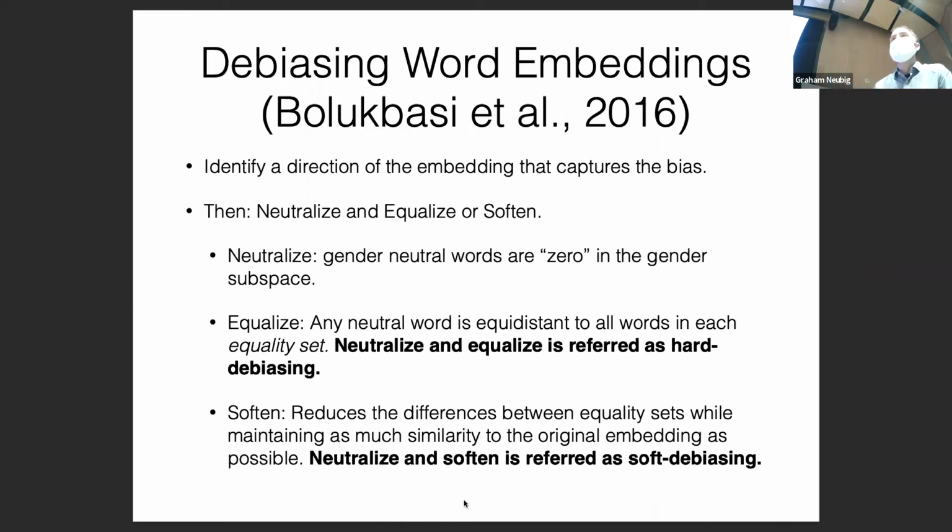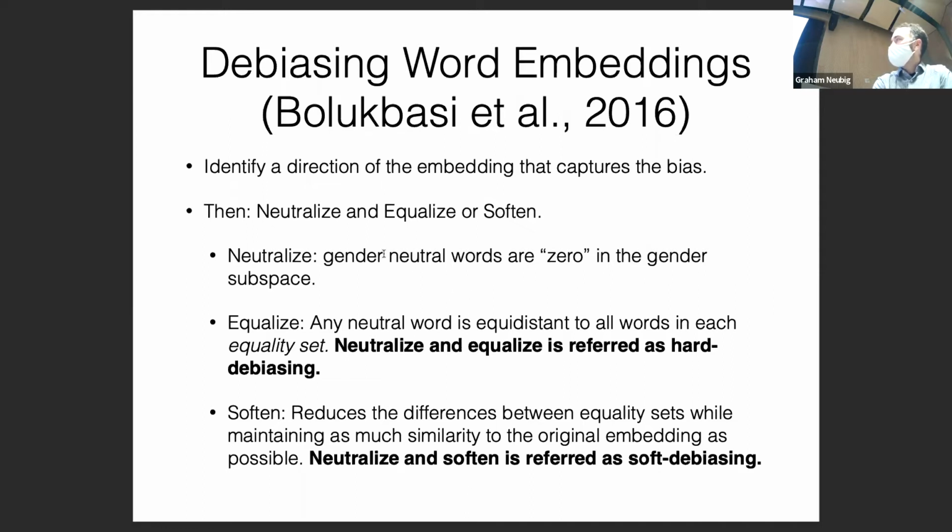Then you formulate this as a subspace and try to project pairs of words that are not supposed to be gendered so that they don't differ along that dimension, essentially.